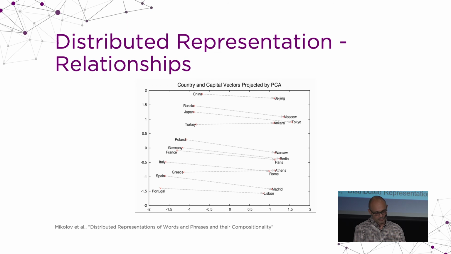And even if it's not perfect, you see that we have this pattern, where basically we can go from the country to the capital by applying this vector. And again, it's not perfect, but you see how this representation is interesting, because now the model is able to build on top of this information to solve the task that it's trying to solve.